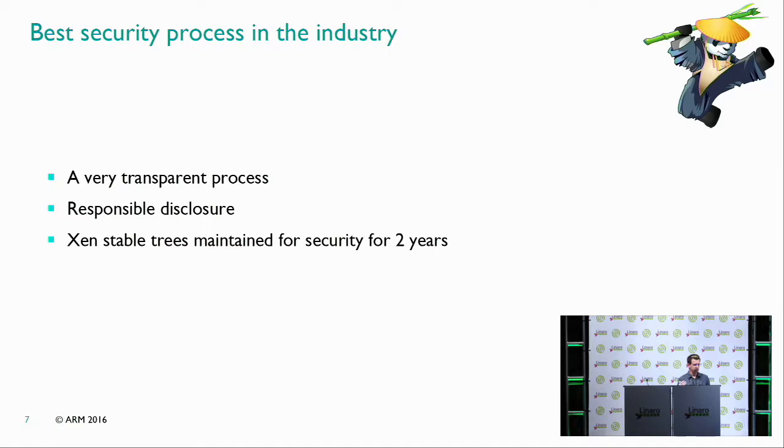If you use Xen in big environments, you don't want a zero-day security issue. So what we are trying to do is have a bunch of people using Xen that are made aware of the security issue a bit before the public, so they can prepare.